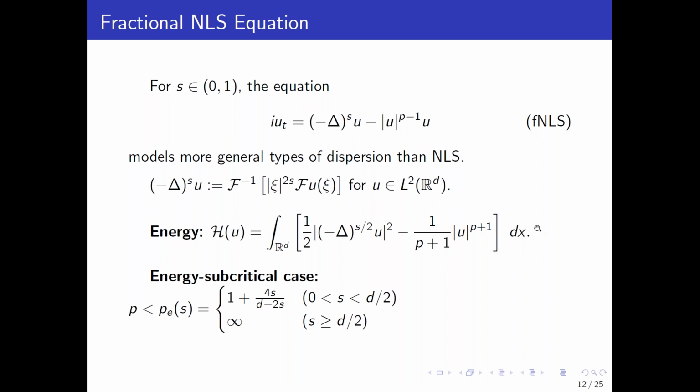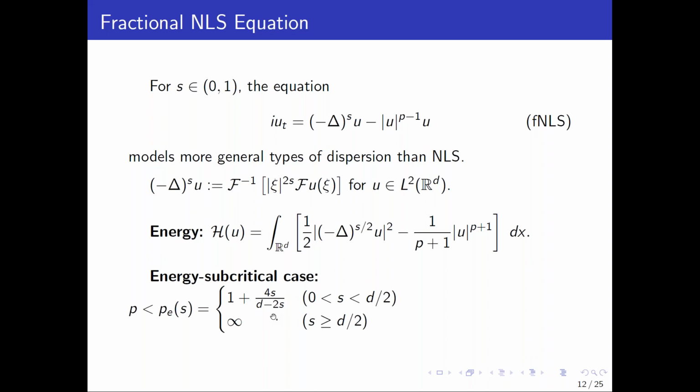The energy functional looks very similar for the fractional nonlinear Schrodinger equation. You just replace the Laplacian by the fractional Laplacian. And the energy subcritical case is given by this formula here. And that's the energy subcritical case in dimension d.